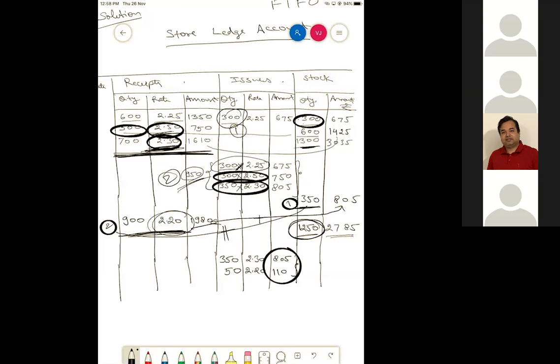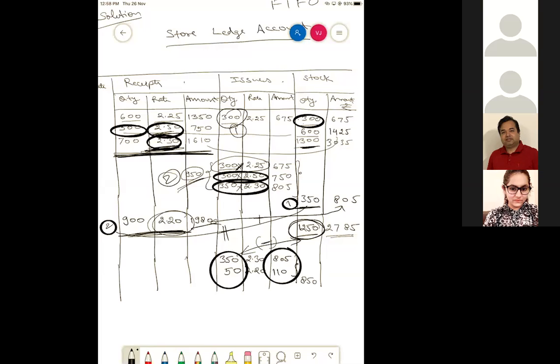This is the amount of what you have issued. Now the balance that is left after issuing, if you subtract this one, 850. So the balance is 850.